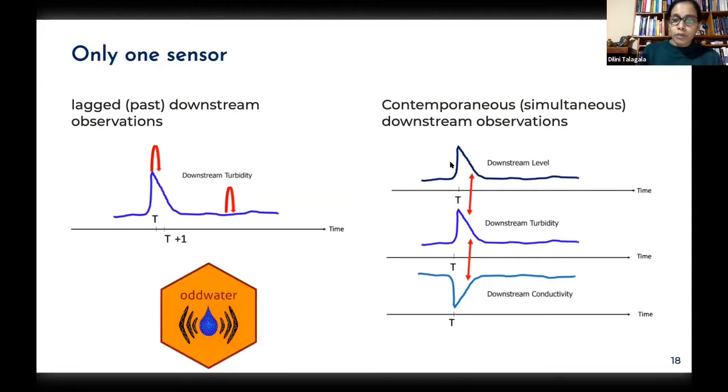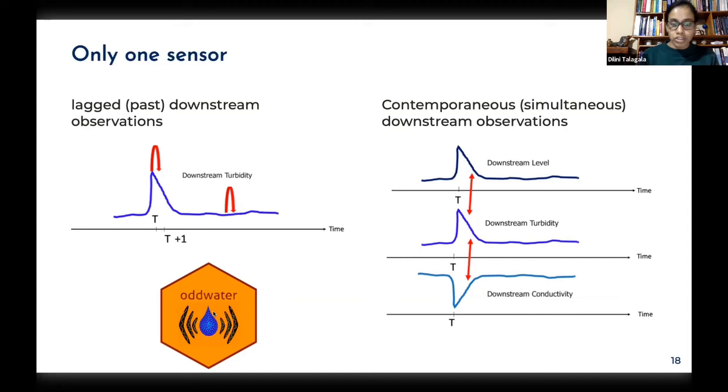This is what we actually did in our previously proposed algorithm, oddwater. Kat gave a small introduction to it. There, our focus was only on one site, and at that site we want to identify the anomalies. For that we use both lagged downstream observations and also contemporaneous downstream observations.